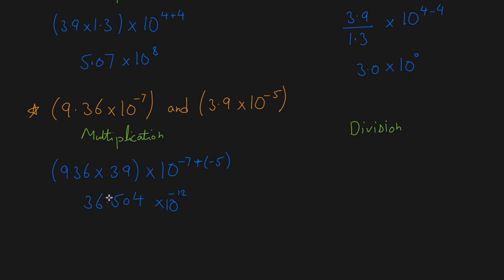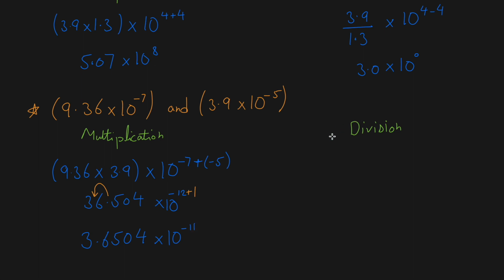So what we'll do, we'll shift the decimal point one digit to the left side. So it's plus 1. So the final answer, which is correctly written in scientific notation, will be 3.6504 times 10 power minus 11.